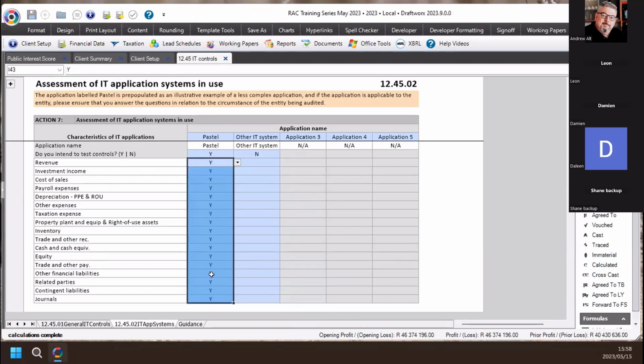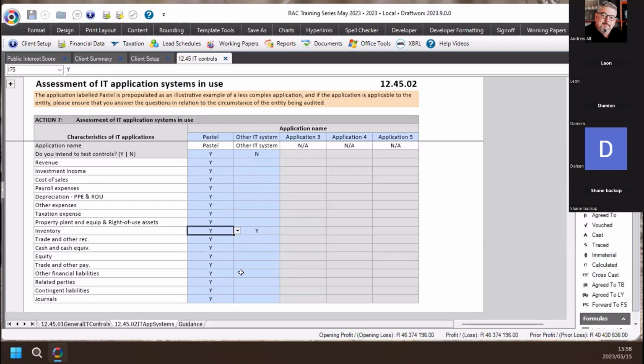Now, Pastel, for instance, would impact everything. But you might say that this other IT system only impacts inventory. Now, it could be valid that both are yes like this, because you've got to journalize this across, right? This is integrated. It's sitting on the trial balance as an inventory value. Or do I physically import 2 different trial balances, therefore it's only in one of them?